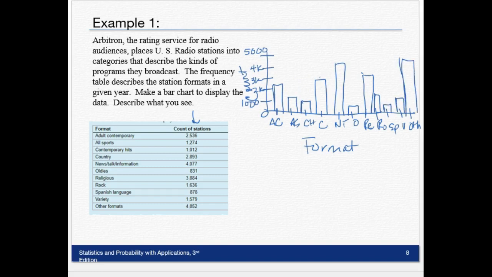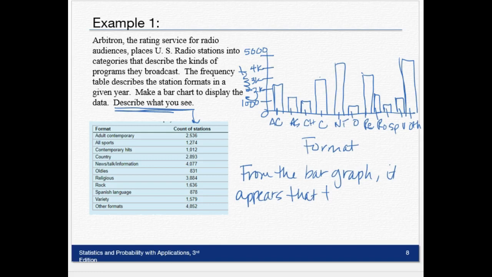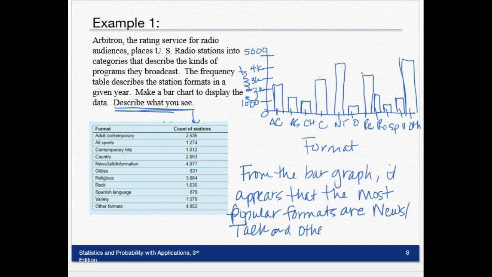Okay, from here, we need to finish this problem. It says describe what you see. How would I describe this? We could say things like, from the bar graph, it appears that the most popular format are news/talk and other.